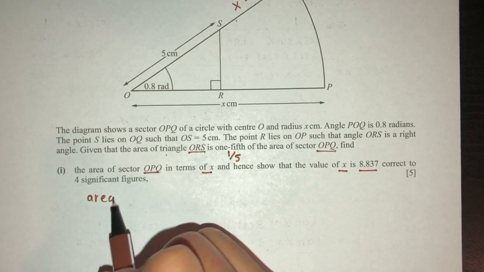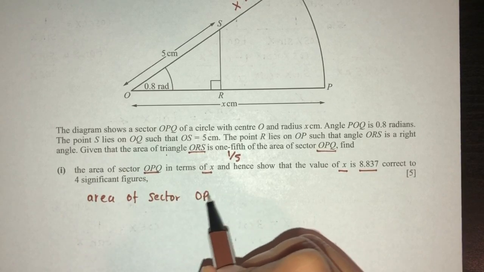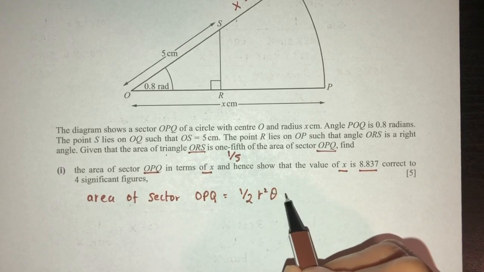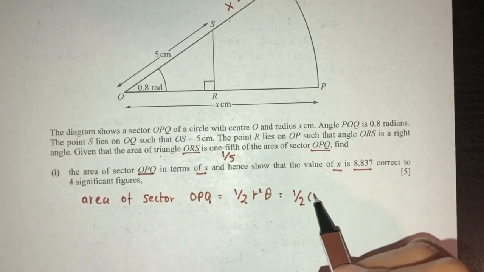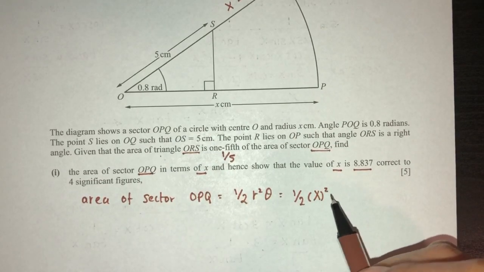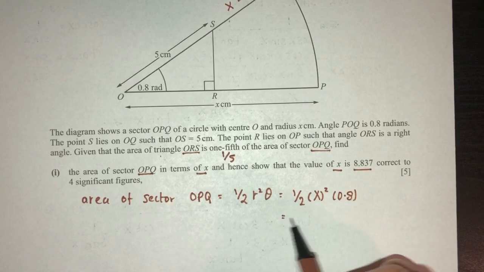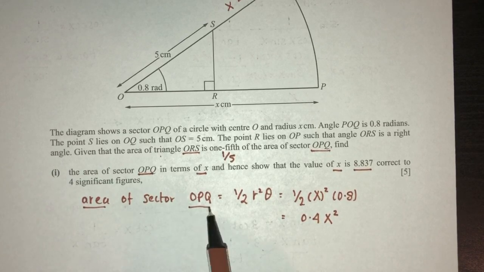Area of sector OPQ is equal to half r square theta. What is the radius? It is x, so that will be x square, and the value of theta is 0.8. So that will be 0.4 x square for the area of sector OPQ.